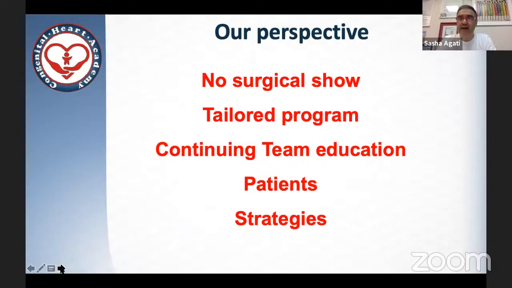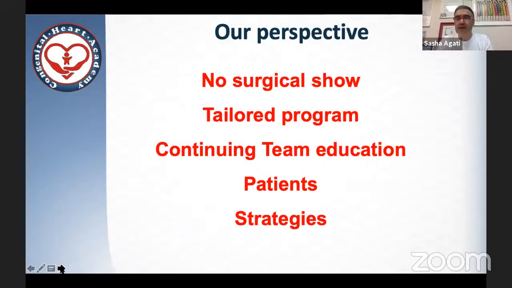And again, I think it's very important to tailor the program according to the requirements, center by center. And of course, it takes time, but at the same time, there is a lot to do with this type of strategy.